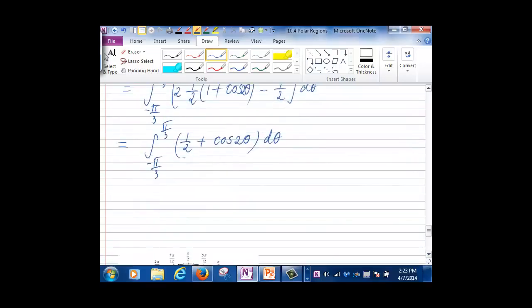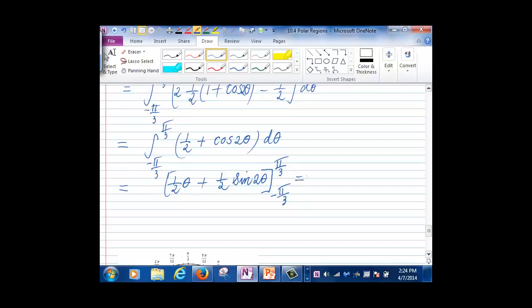What's the integral of half? Half theta. And what's the integral of cosine 2 theta? Half sine 2 theta, from negative pi over 3 to pi over 3.